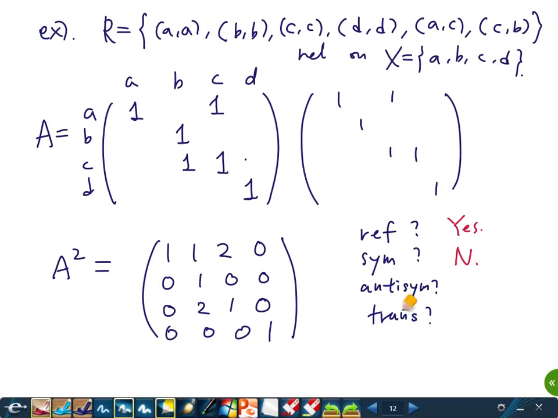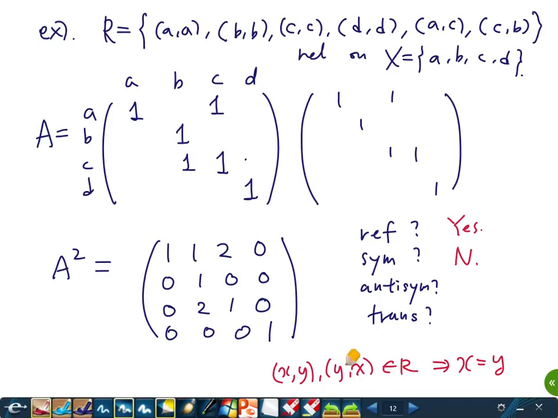What about anti-symmetric? Is this anti-symmetric? What does this mean for a matrix? Anti-symmetric means if x, y is in the relation, and both x, y and y, x are in the relation, then x equals y. Anti-symmetric condition is this.